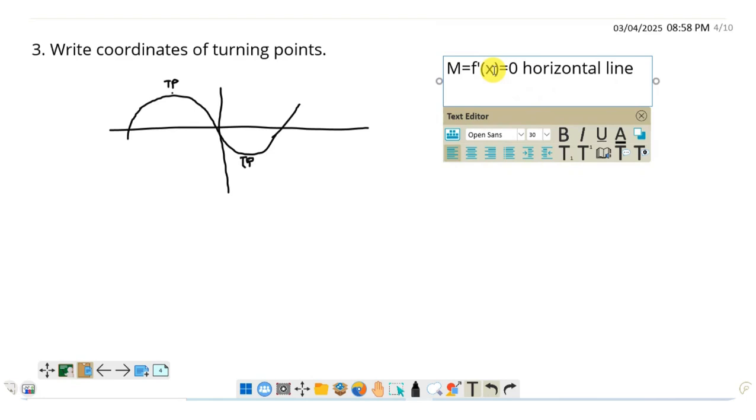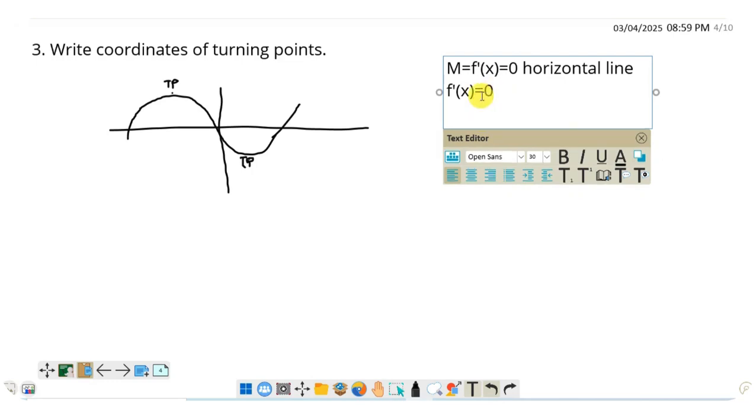So we can say f prime of x has to be equal to 0. When we derive the equation to find the gradient and set it equal to 0, it's because the gradient at a given point is 0. Now let us derive that one.